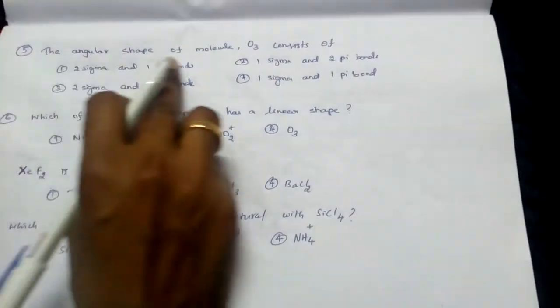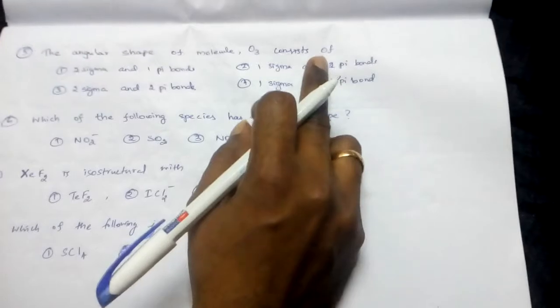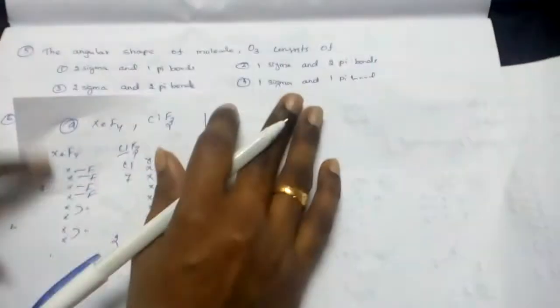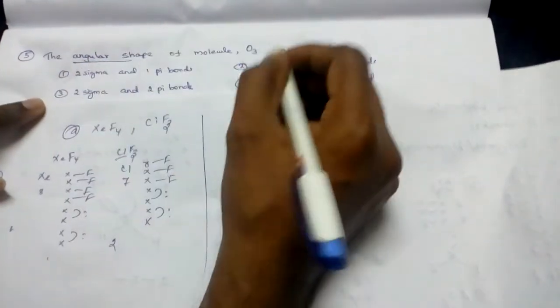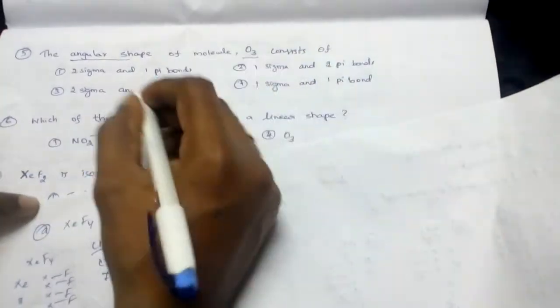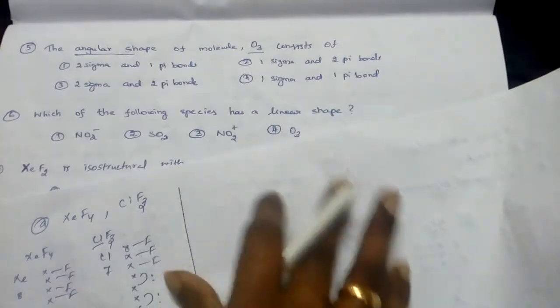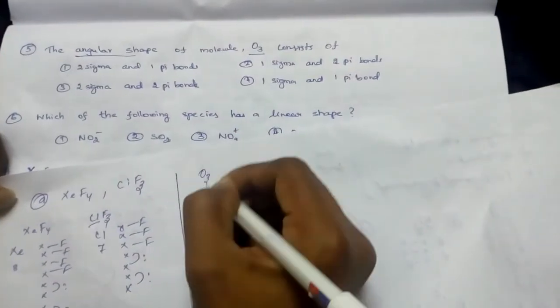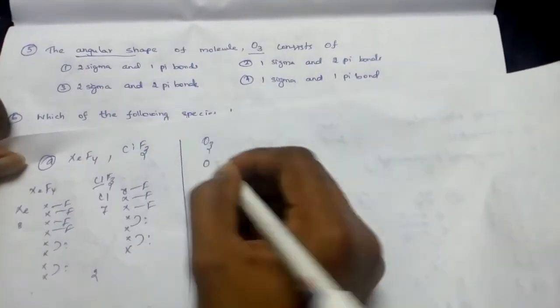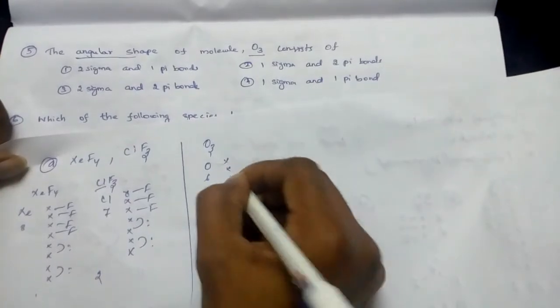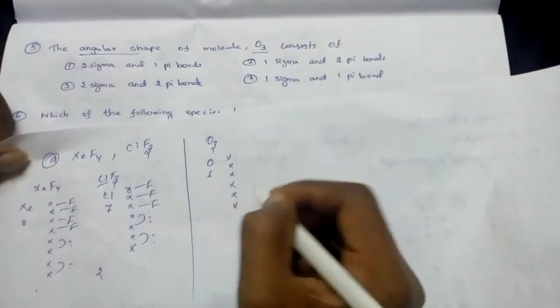Next, the angular shape of ozone, O3, consists of which bonds? They give the clue of the angular shape, and they ask about the type of bonds, sigma or pi bonds. In O3, oxygen is the central atom, which comes under the 6th group: 2 3 4 5 6.